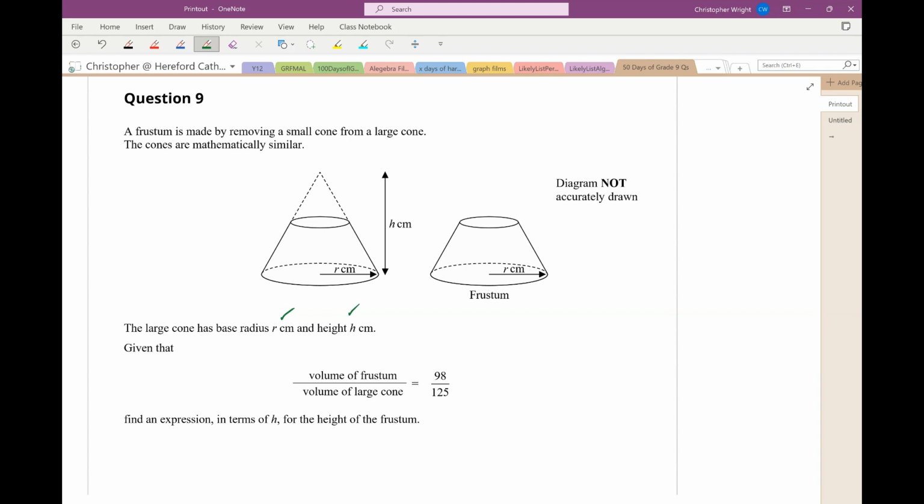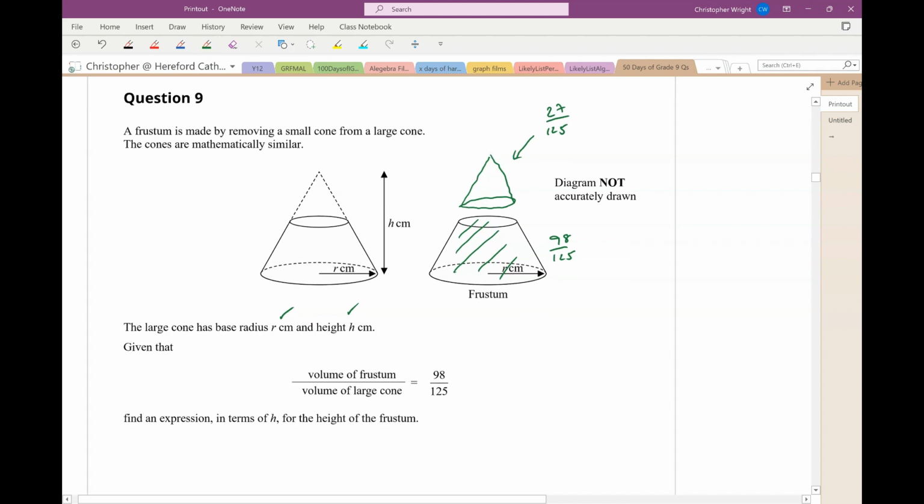It's all very well looking at the volume of the frustrum as a fraction of the volume of the large cone, but the frustrum and the large cone aren't similar, are they? It'd be much more pertinent to look at the volume of the cone that's being cut off and the volume of the large cone. If the volume of the frustrum is 98/125ths, then the volume of that small cone on the top must be the remainder, 27/125ths.